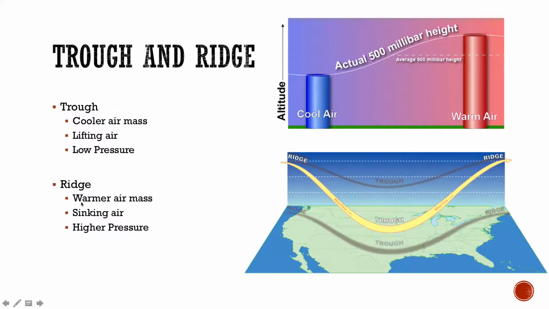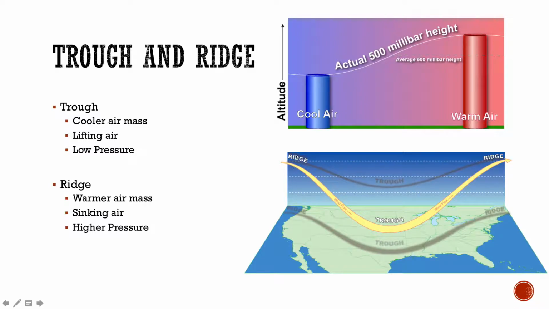A ridge is warmer air, and again, when we excite air, we get a higher pressure, so a high pressure, warmer air mass, and the height of that one certain level rises. Think of this line here in the background as, let's say, 500 millibars, but as these low and high pressures move across it, the height of that surface changes.